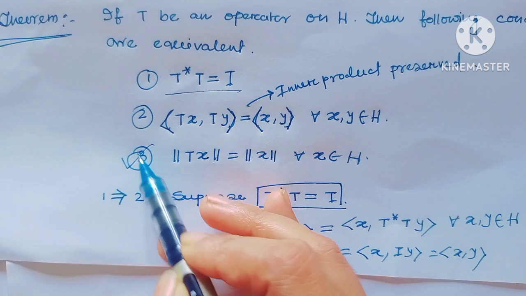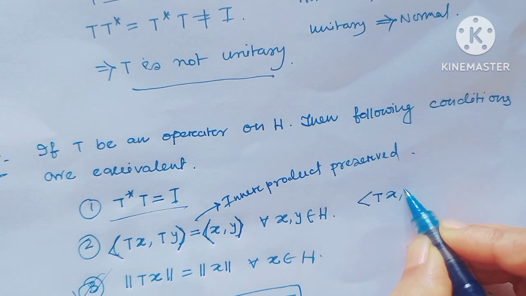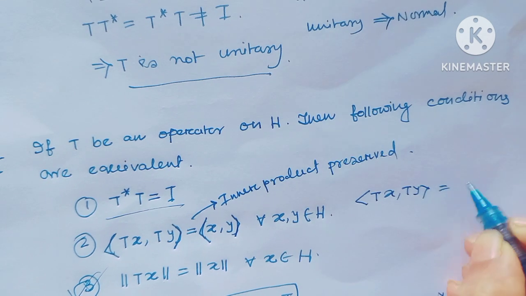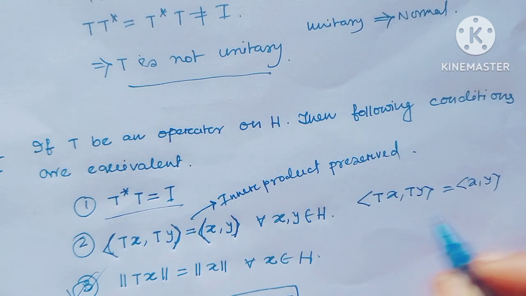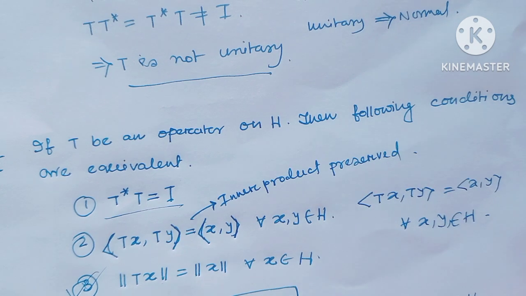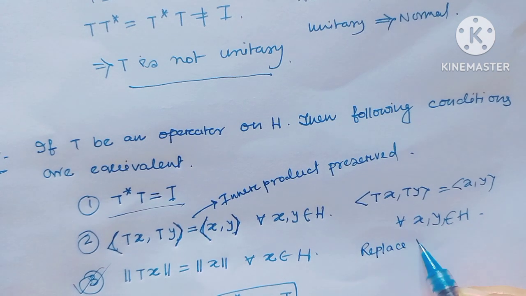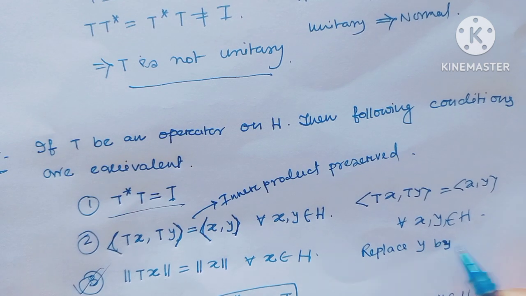Next, I will see third. From second, I have got inner product Tx, Ty equals inner product x, y. And this is true for all x, y belongs to H. Now, replace y by x.